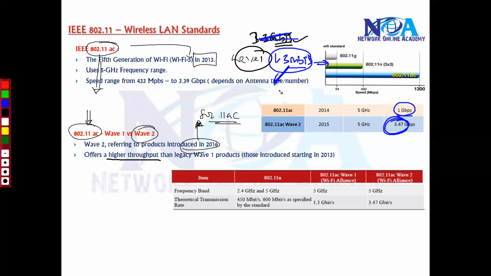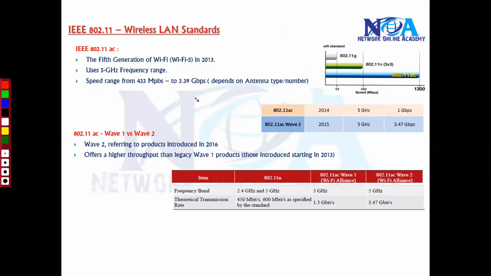Again, previously when I said 3.3 gig, it totally depends upon the antennas. Theoretically, it is offering almost double the throughput when you compare it with Wave 1. So nowadays, whatever 802.11ac devices you see will be considered Wave 2.